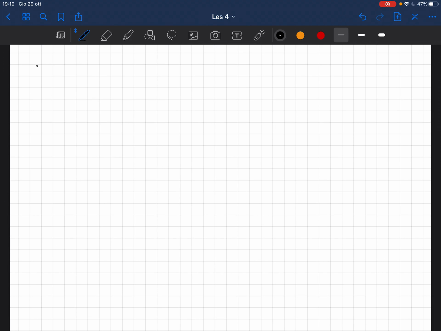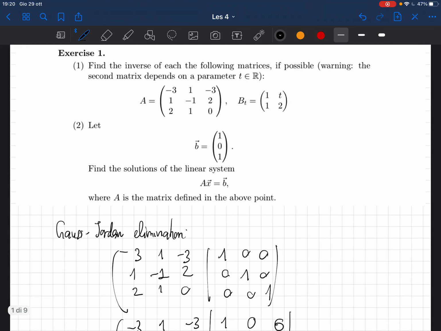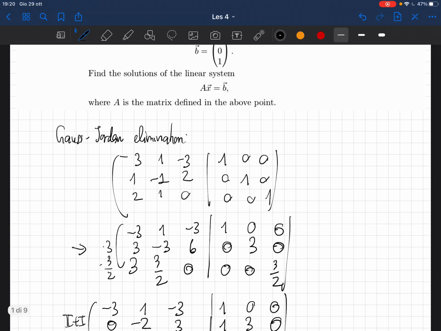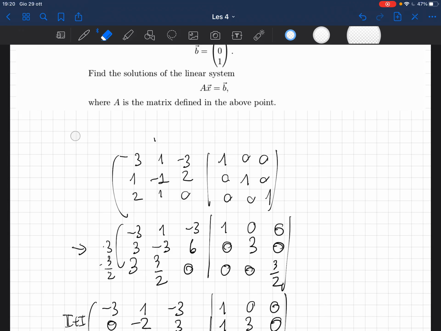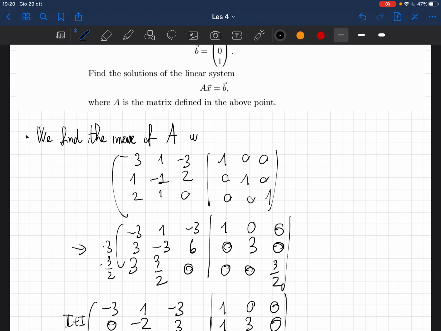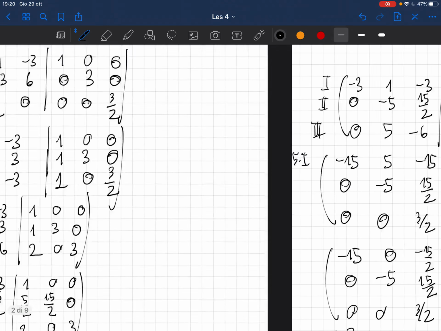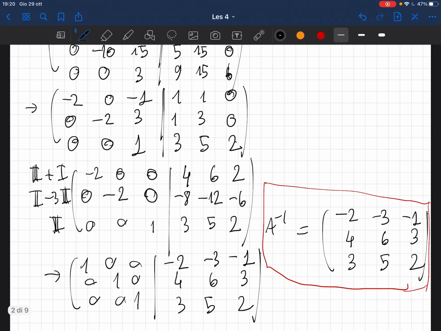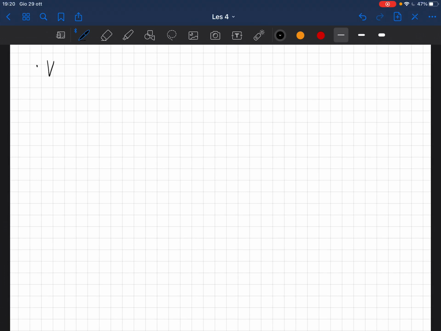Okay, let's see. If you want, just change this. We find the inverse using, okay. So this looks nice, acceptably nice at least.